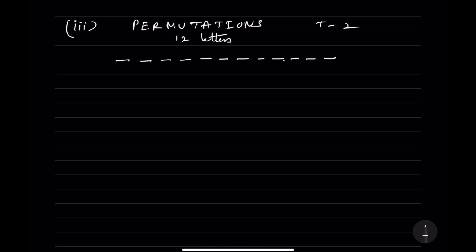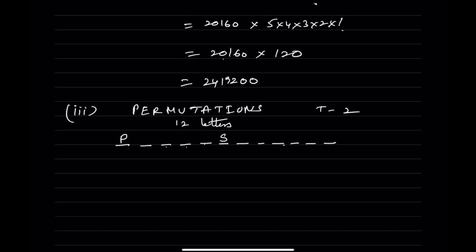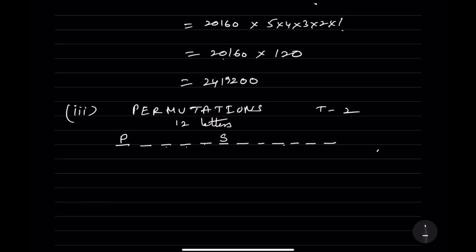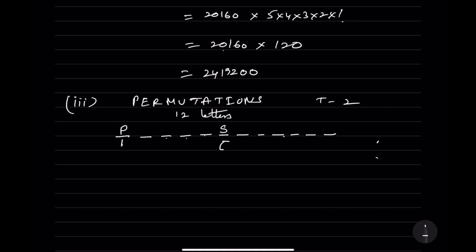Now if P is over here, first place, 1, 2, 3, 4, then S should be coming in the place after that. These are fixed. So what is remaining? Then P can be in the second one, then this also will go next. So always the difference between P and S should be 4, because if P is in the first place, S should always be in the 6th place.